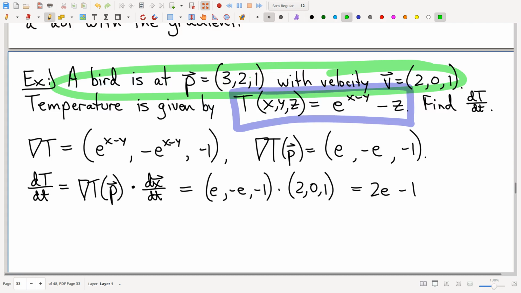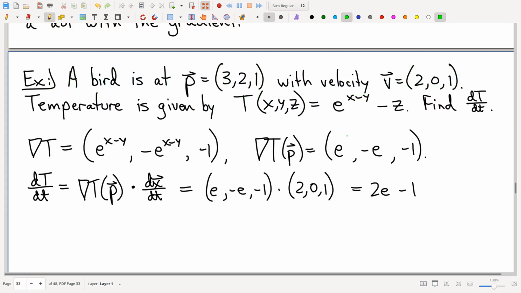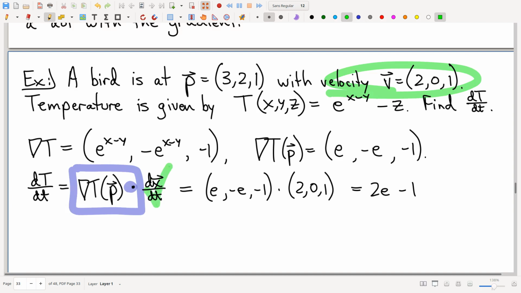So per the previous page, dot product with the gradient is how you turn the given input velocity into the requested output velocity. And you've got to take some partial derivatives and plug in the appropriate point.